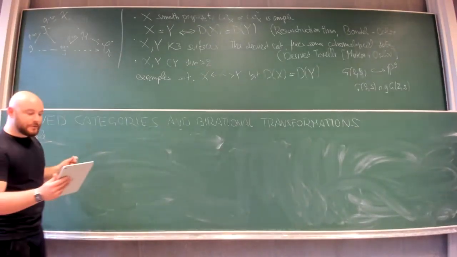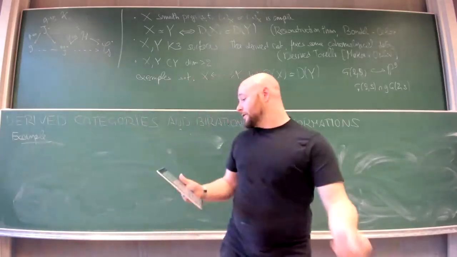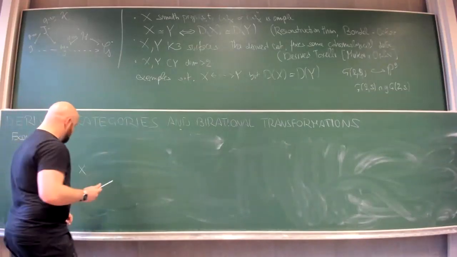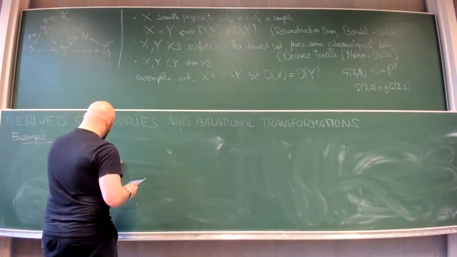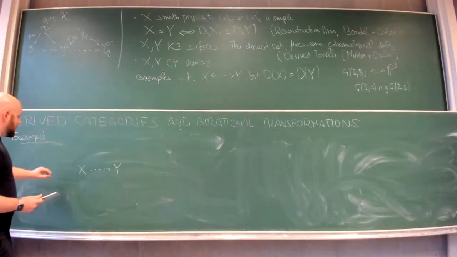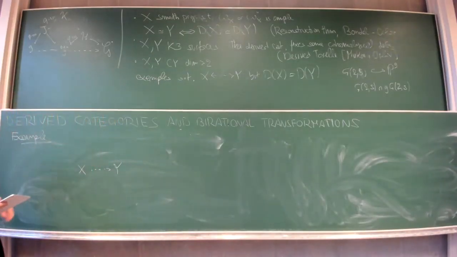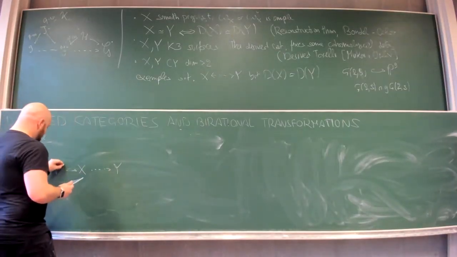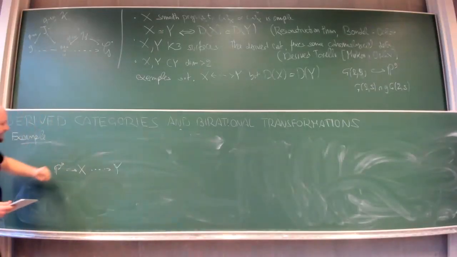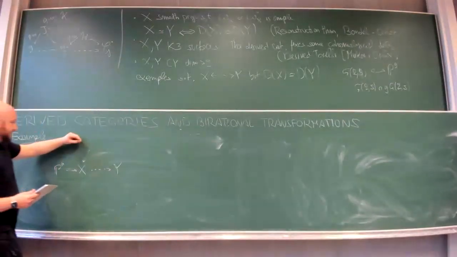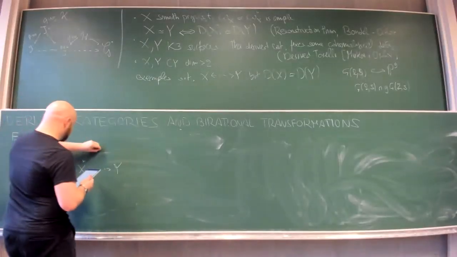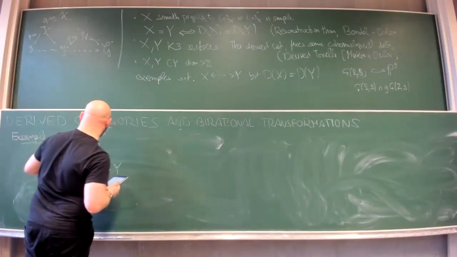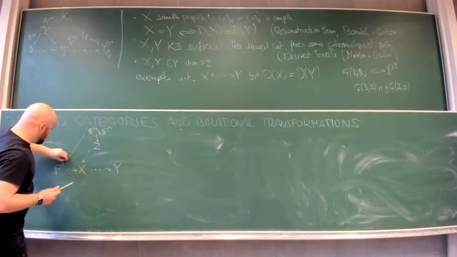So let's try to write down an example of a birational map which preserves the derived category. You can consider a situation like this, where you have a variety X, so it's projective, and a variety Y. And you define this map such that it is resolved by a blow-up of an inner projective space, such that the exceptional divisor is a product of projective spaces of the same dimension. Okay?